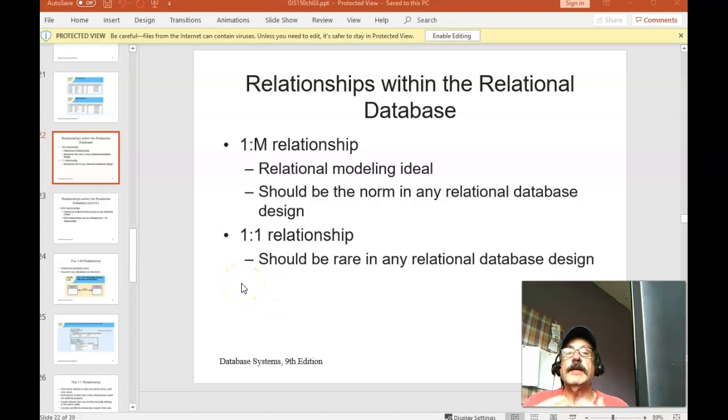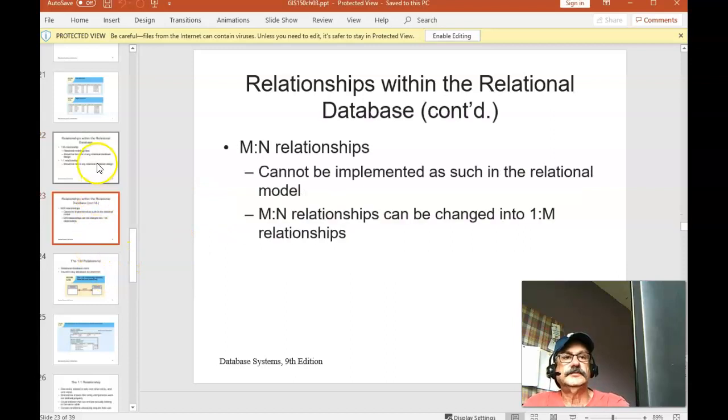You have a one-to-one relationship between your S number and your social security number. Maybe you don't want people at the school to be able to see the social security number, but you might want to see the other information associated therein, because they have to use your social security number when they're reporting scholarship stuff and what have you.